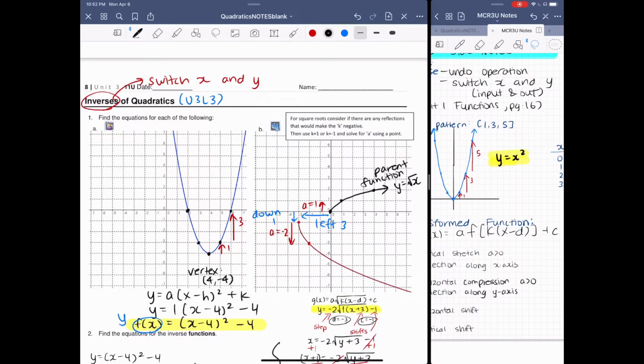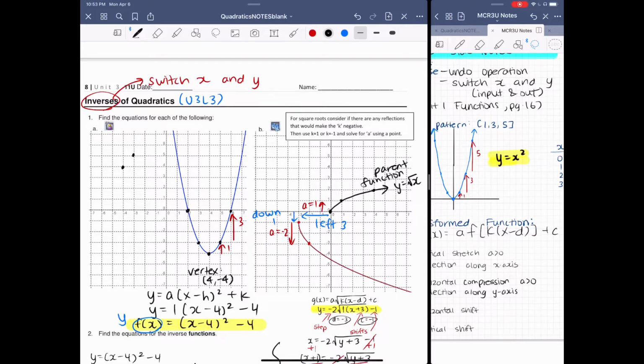So I need to start graphing my inverse. So easiest way is to remember to switch the x and y. So instead of having (4, -4), I'm going to have (-4, 4). Okay, and then I have (5, -3). So instead of (5, -3), I'll have (-3, 5).